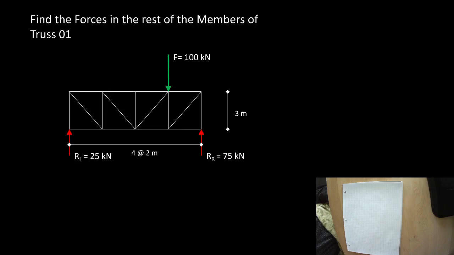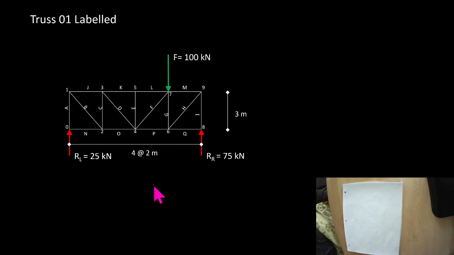Here's a thing that I find handy to keep track of things. I and most engineers will label the truss with letters as the members and numbers for the nodes. And that becomes really handy for labeling your unknown internal truss force members and then using the numbers of the nodes to think about what point you're spinning your section about. So let's try labeling this truss.